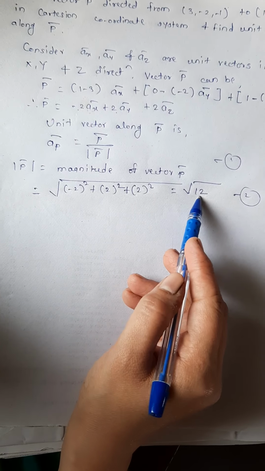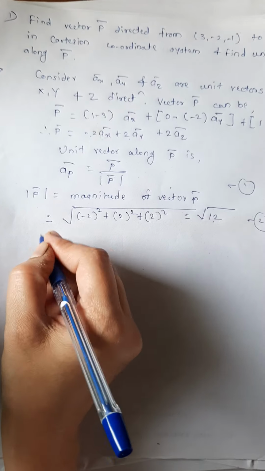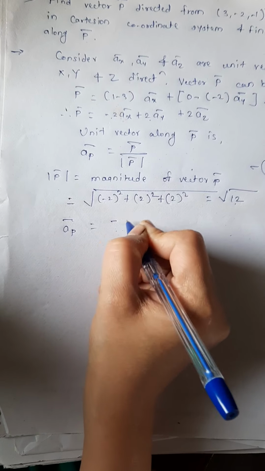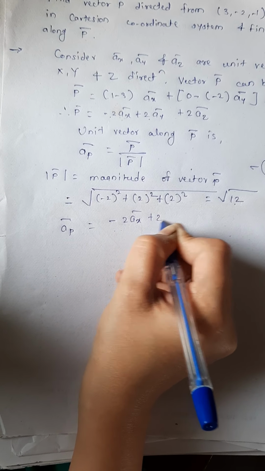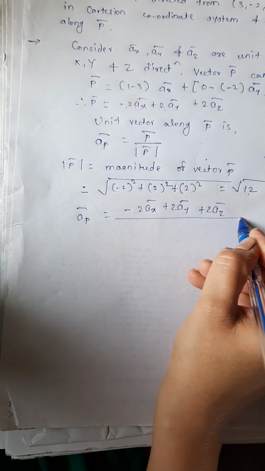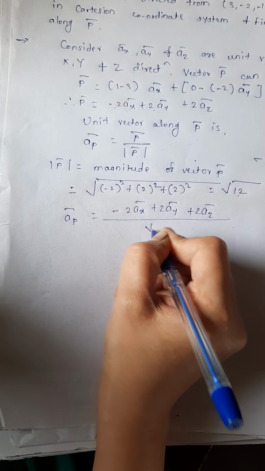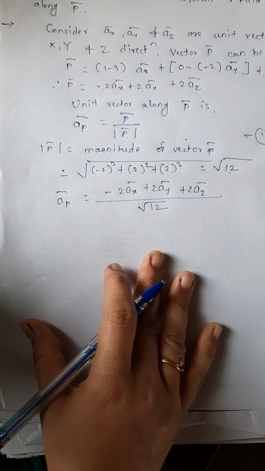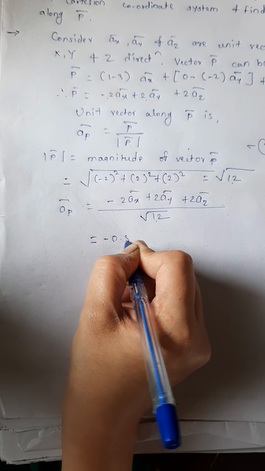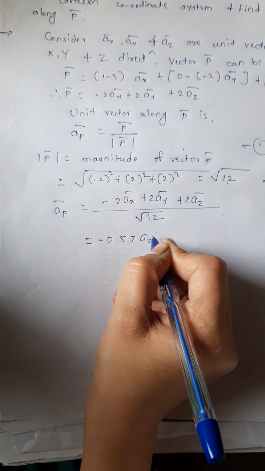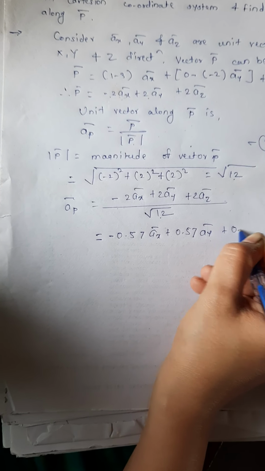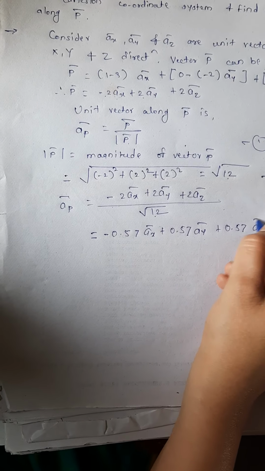Now we have to substitute this value in equation number 1. So equation 1 becomes a p bar is equal to minus 2 ax bar plus 2 ay bar plus 2 az bar, this is p bar, and mod of this p bar is square root of 12. So we solve this and get 0.57 ax bar plus 0.57 ay bar plus 0.57 az bar.